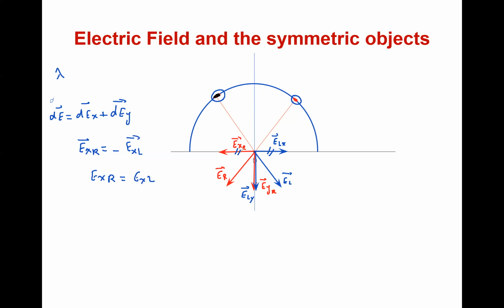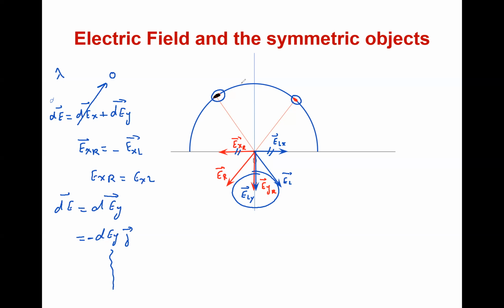So we can cancel these two values. Finally, we cancel the x component and get only the y component. And you solve this like this. We have dEY as magnitude, with the y component in the negative direction, and you continue the solution.